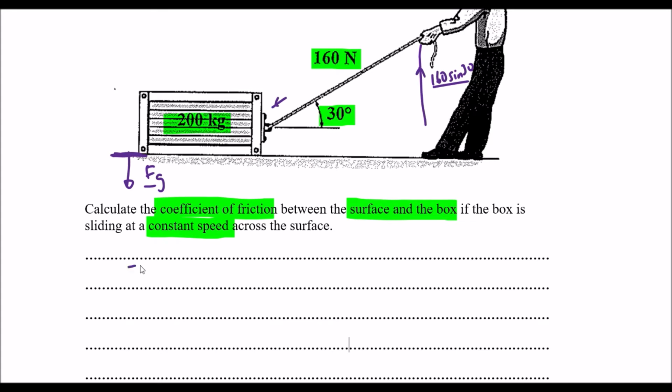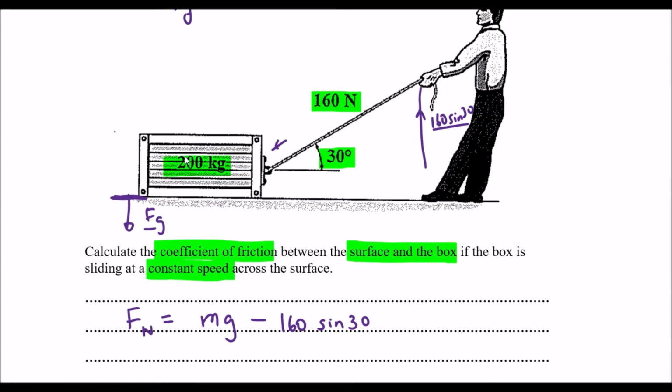So what I know is the normal force is going to be mg subtracted by 160 sine 30. Remember, the reason why that's the case is that if in isolation, the normal force of this box is directly opposite to the gravitational force, that's technically true, but this person is actually pulling the box slightly upwards.